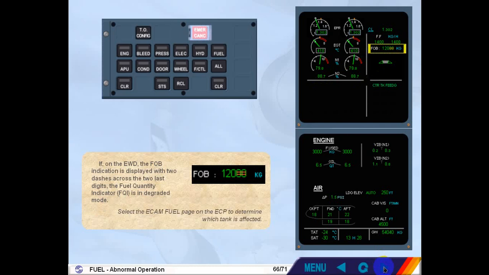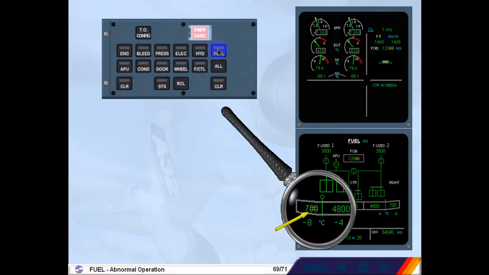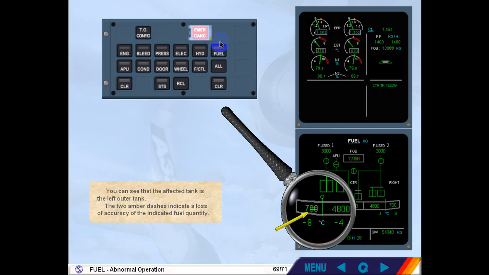Select the ECAM fuel page on the ECP to determine which tank is affected. You can see that the affected tank is the left outer tank. The two amber dashes indicate a loss of accuracy of the indicated fuel quantity.